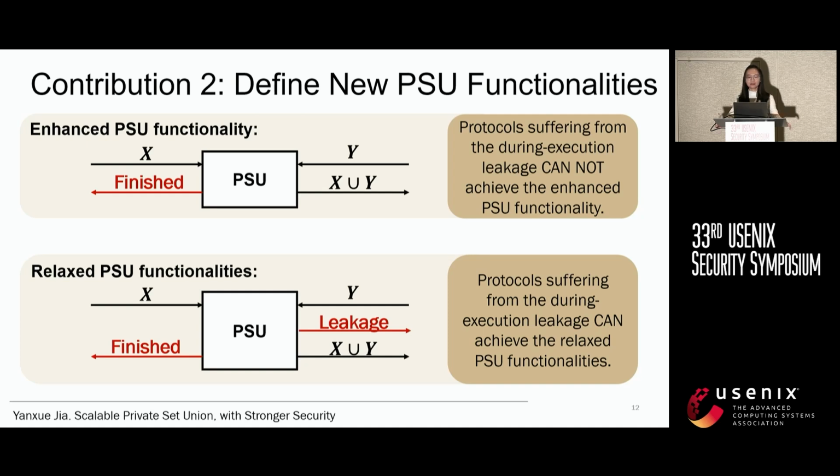After adding the finished notification, the simulator for the receiver cannot first obtain the output and use the information implied by the output to simulate the execution, because once the simulator obtains the union, the output, the sender can obtain the finished notification.